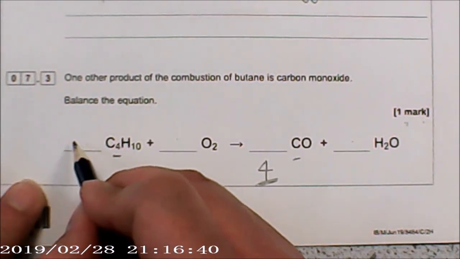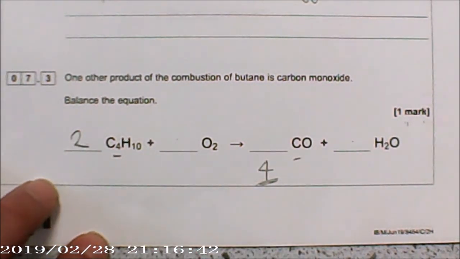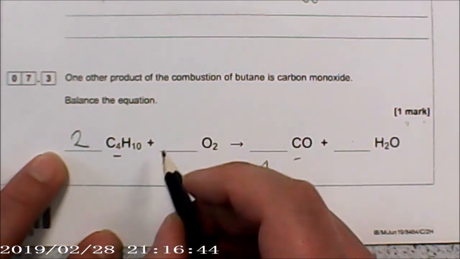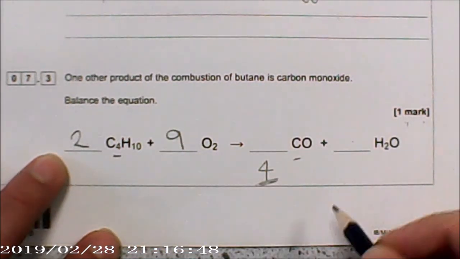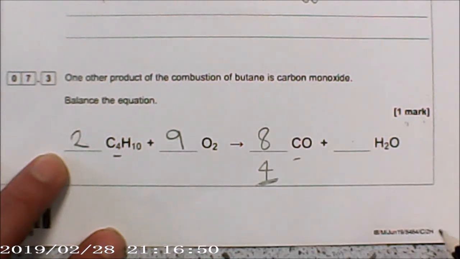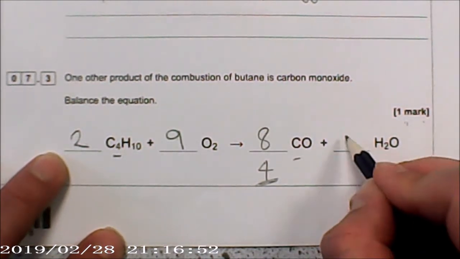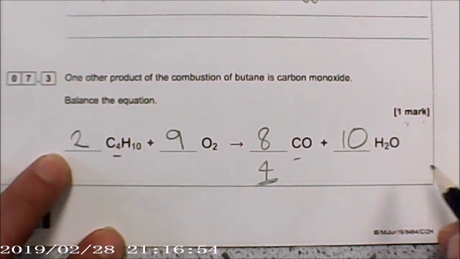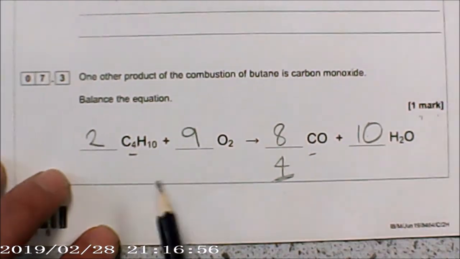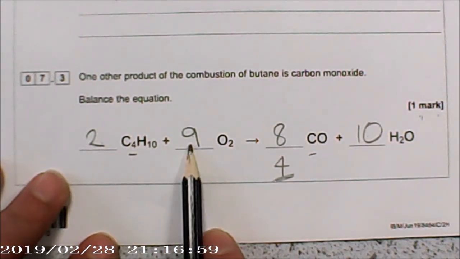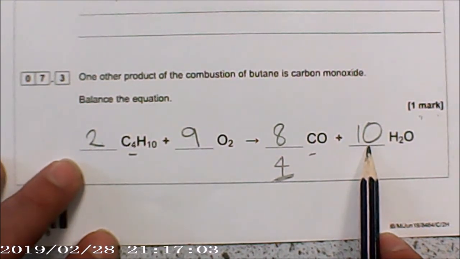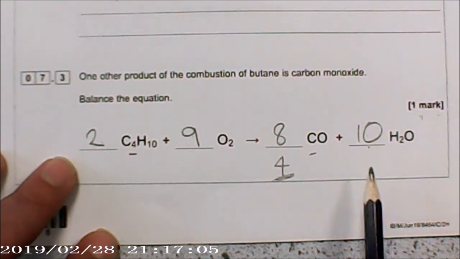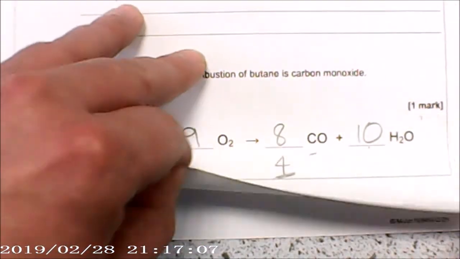The correct answer for this, if you go through the process, you need 2 of the butane, you need 9 oxygens, you need 8 carbon monoxides, and 10 waters. You are allowed multiples. So if you've put 4, 18, 16, 20, that would still get you the mark, just because this one is trickier.